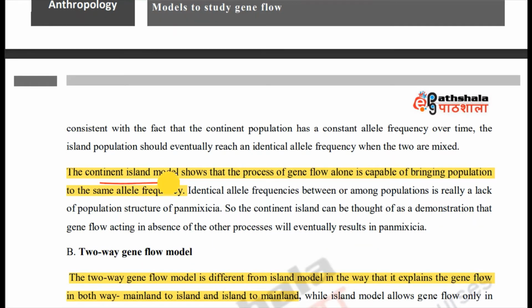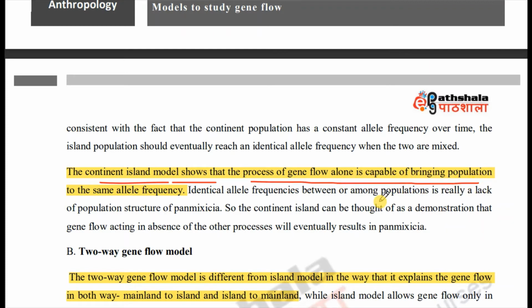So the continent model or the island model shows that the process of gene flow alone is capable of bringing the population to the same allele frequency. It creates an outcome of having a similar frequency to where the gene has started flowing from, right? But it goes along with the assumptions. Okay. So this is about the island model.